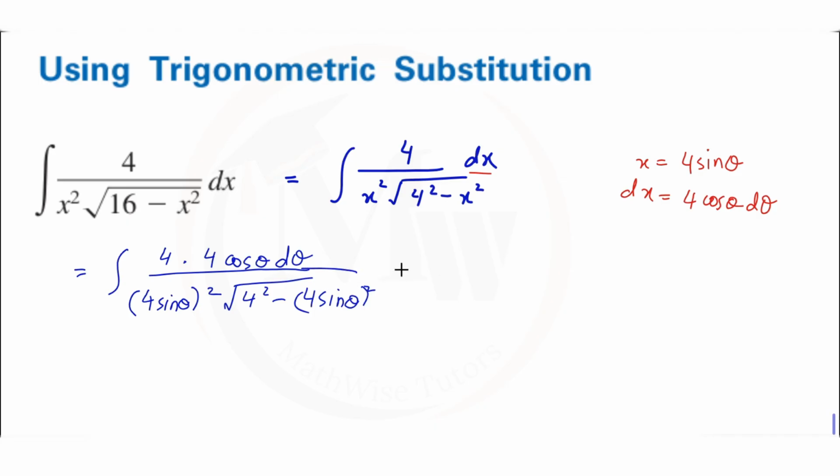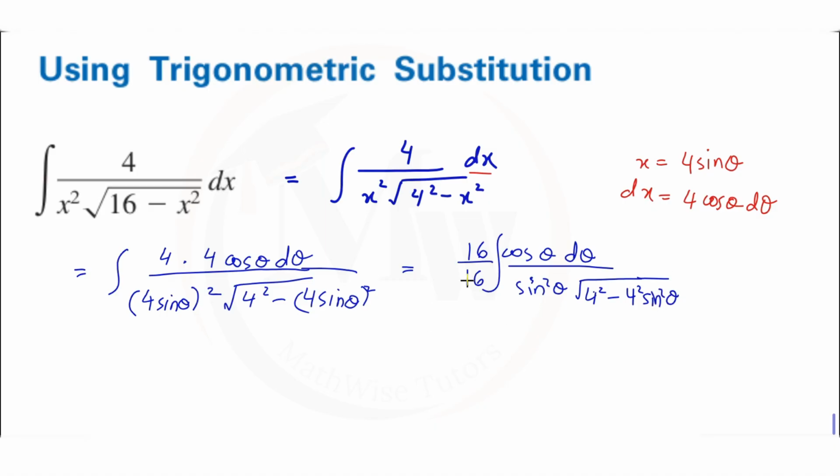Now it's time to simplify. The numerator multiplied becomes 16 cos theta d theta. This 16 comes outside of the integral sign, right? And the denominator is sine square theta, and 4 square is 16, which comes outside. So sine square, and inside it will be 4 square minus 4 square sine square.